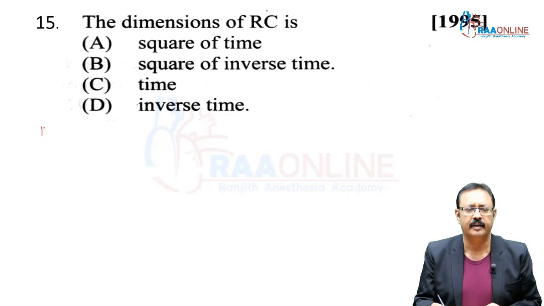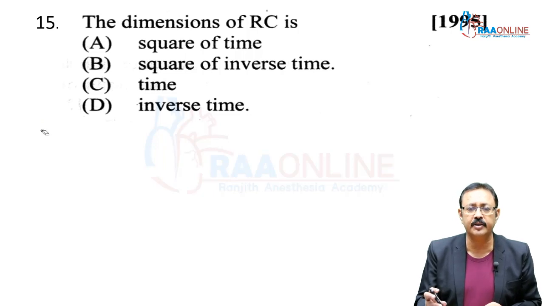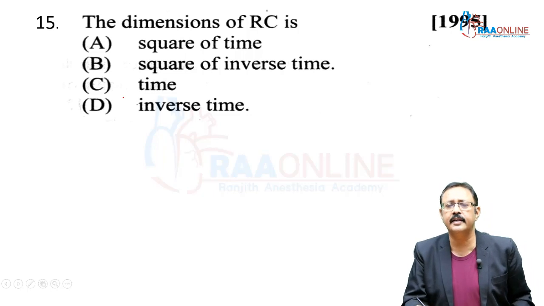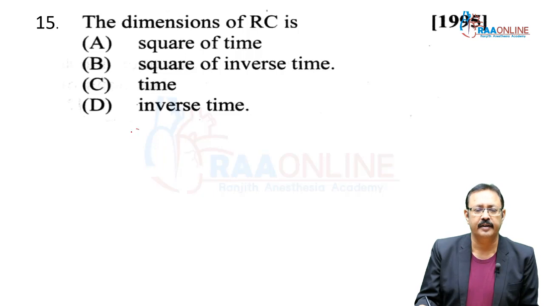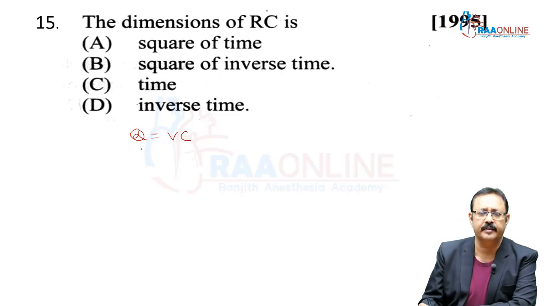15th. Again, what is the dimension of R into C? R is resistance and C is capacitance. Where did you see this C? Q is equal to VC. V is equal to I into R. What is Q?